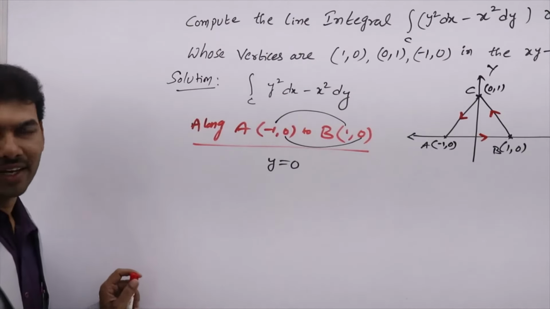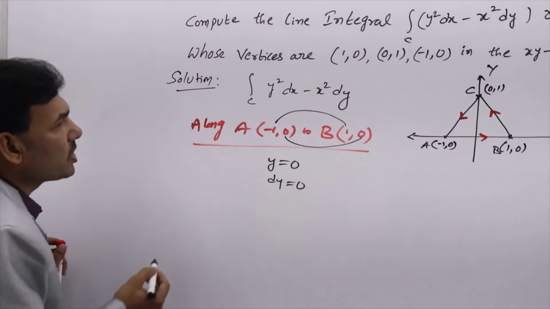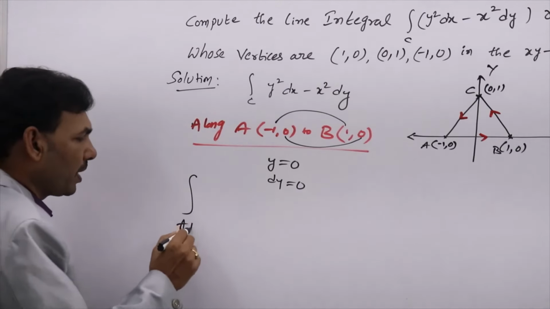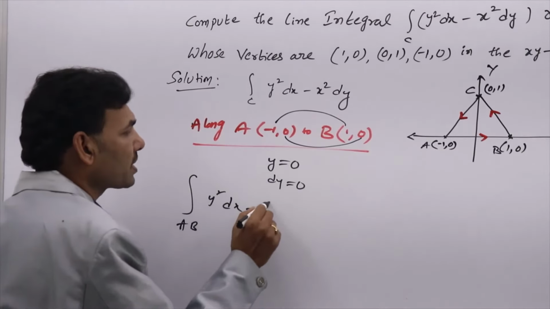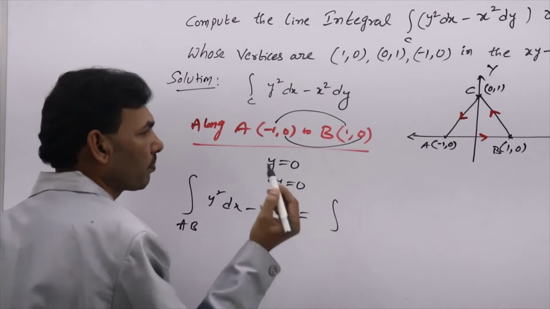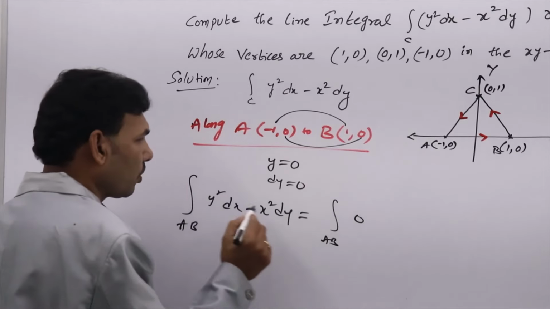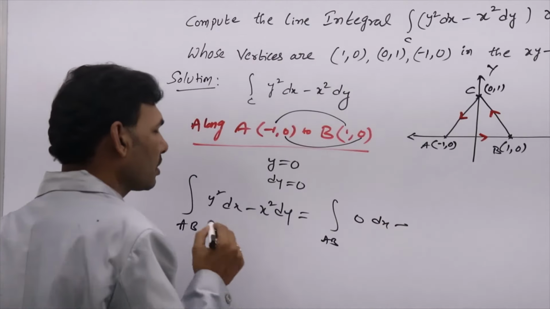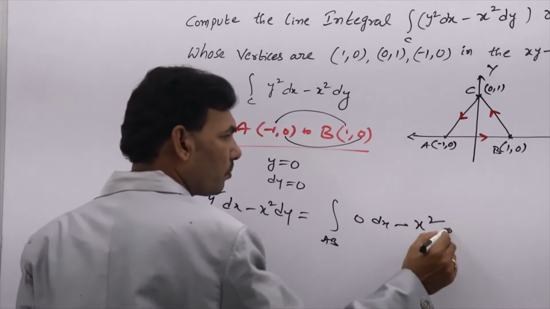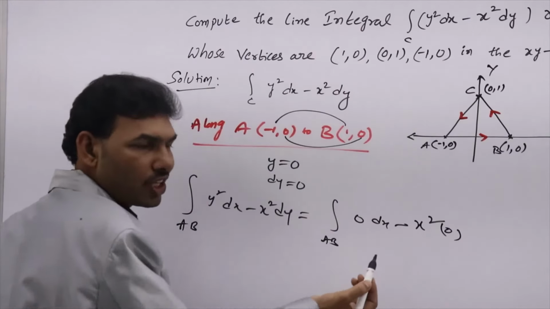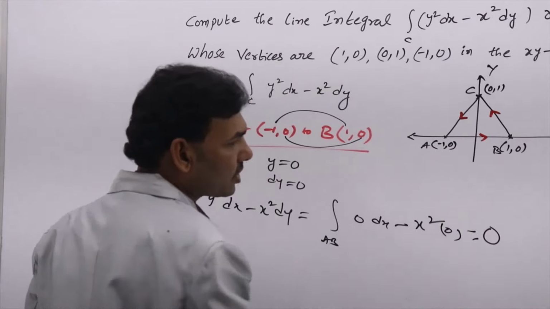Then dy is also 0. So what happens to y square dx minus x square dy along AB? y is 0, so 0 into dx minus x square into dy, which is also 0. 0 into dx is 0, x square into 0 is 0. So finally in this direction you will get 0 only.